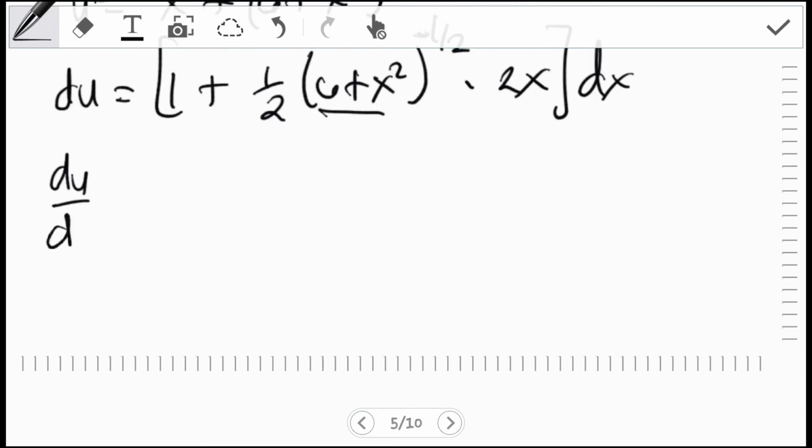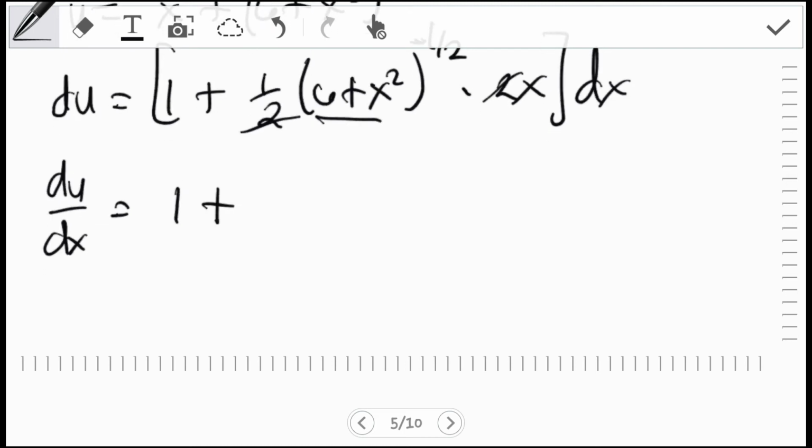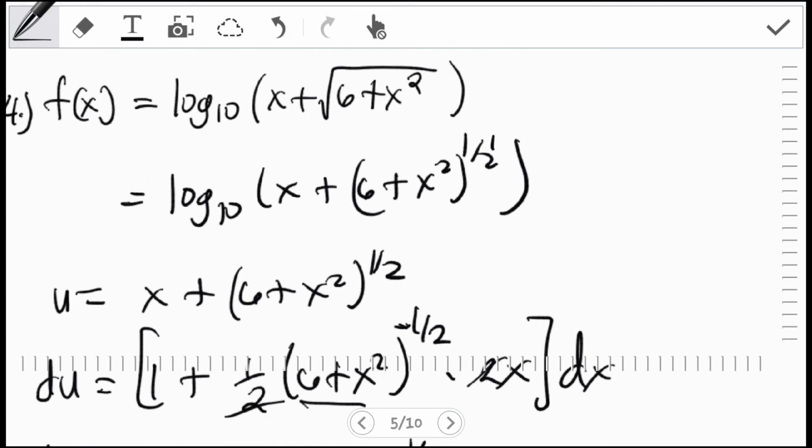Cancel out the 2, so du over dx is 1 plus x times the quantity 6 plus x squared to the power negative 1/2.